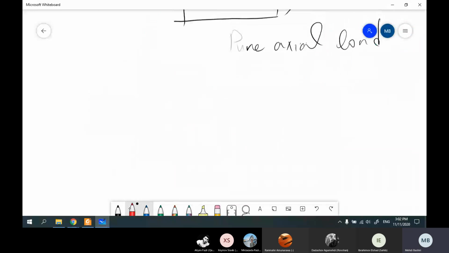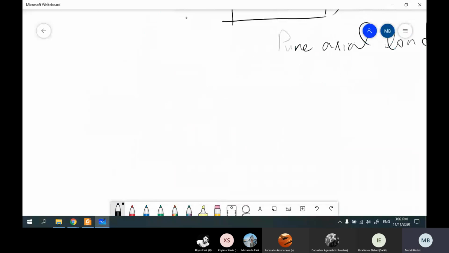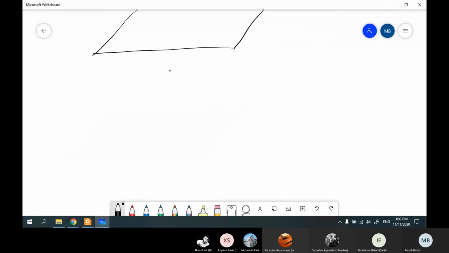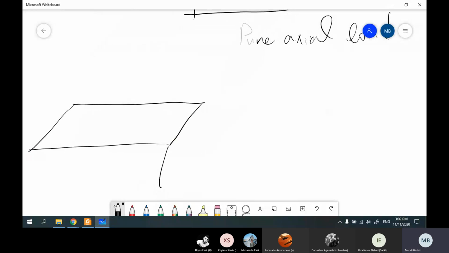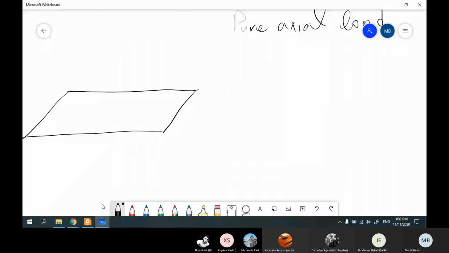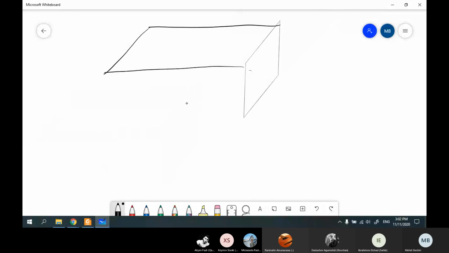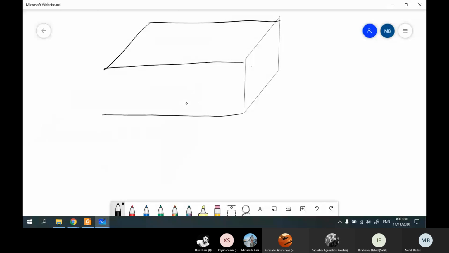Okay, I want to talk about another case that is the topic of this chapter. Suppose that this is our foundation. This one is B, for example, and this one is L. This is the center of B, and this is the center of L. So that would be the center of our foundation.